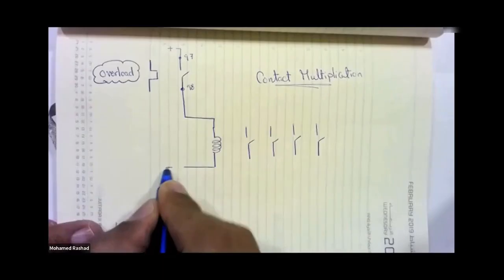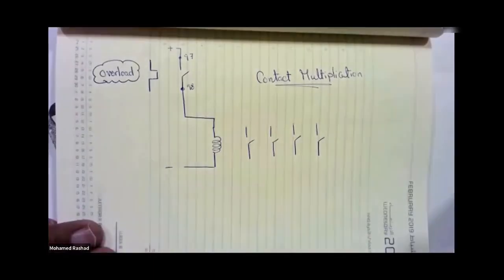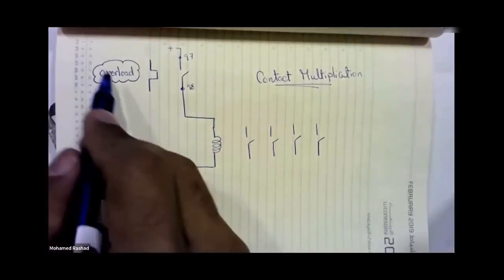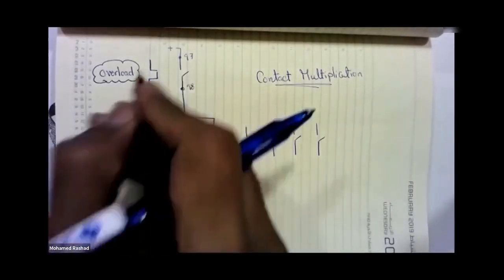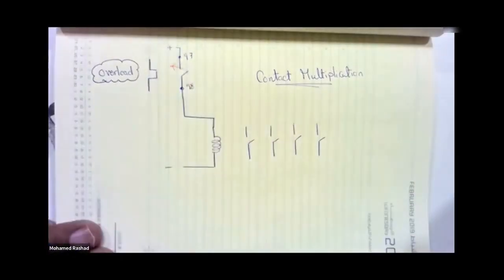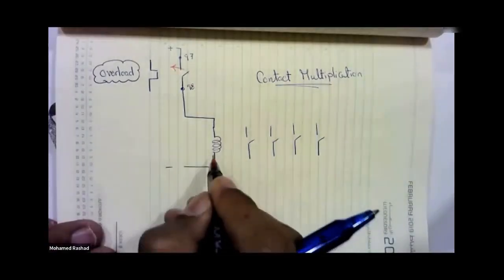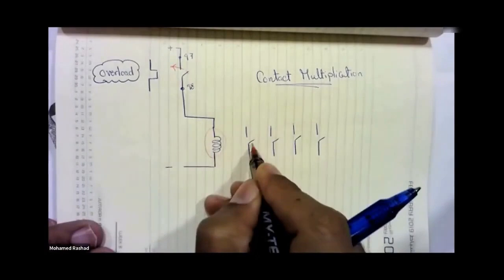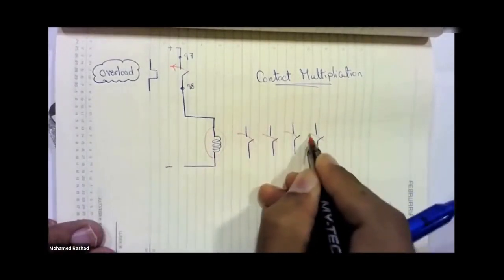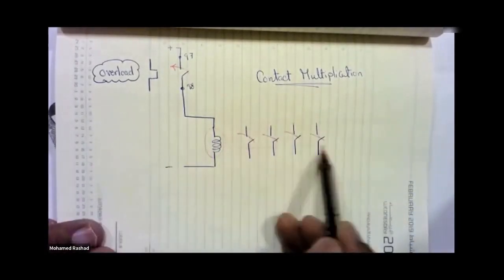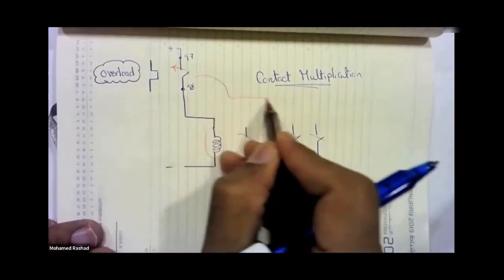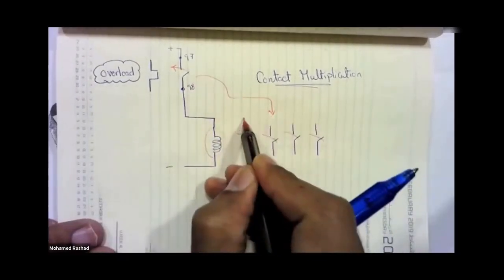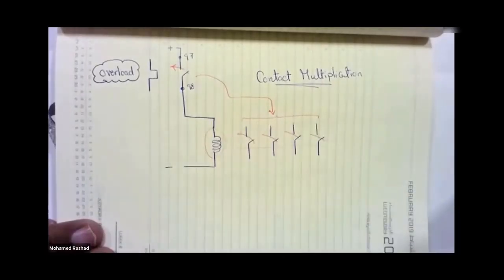And the other terminal you have here is the negative. So when this contact operates, it changes its position. If this contact changes its position, who does it activate? It activates the auxiliary relay. So as soon as the auxiliary relay operates, it closes this, and closes this. So when this one closes, 4 close, meaning I have generated 4 copies from it. Is that correct?